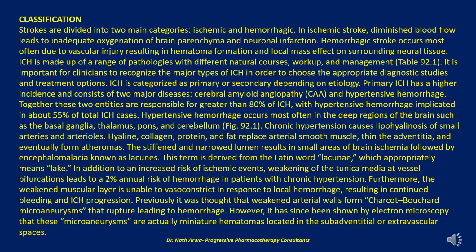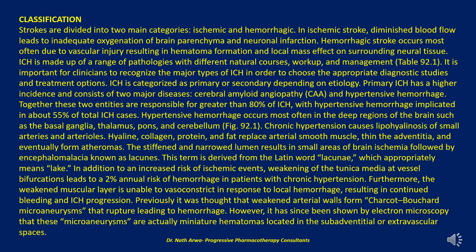In addition to an increased risk of ischemic events, weakening of the tunica media at vessel bifurcations leads to a 2% annual risk of hemorrhage in patients with chronic hypertension. Furthermore, the weakened muscular layer is unable to vasoconstrict in response to local hemorrhage, resulting in continued bleeding and intracerebral hemorrhage progression.